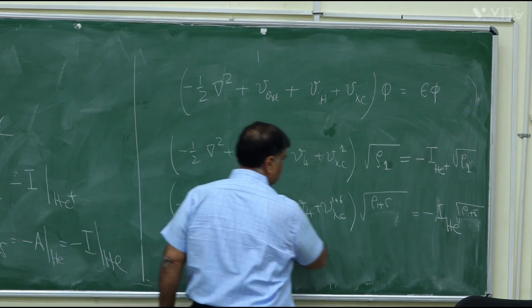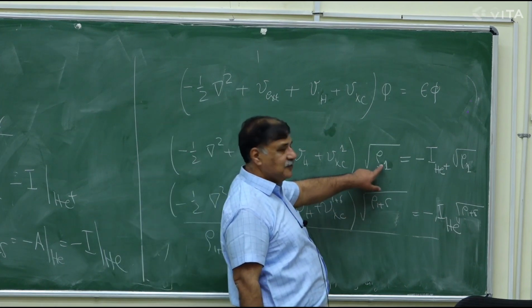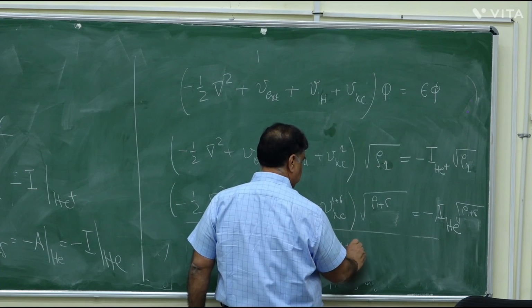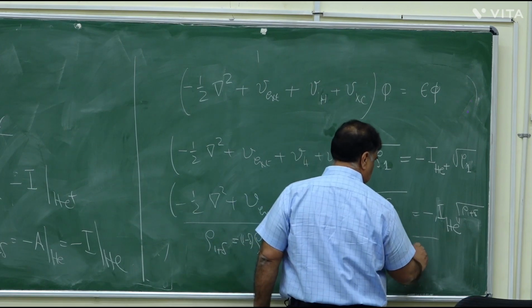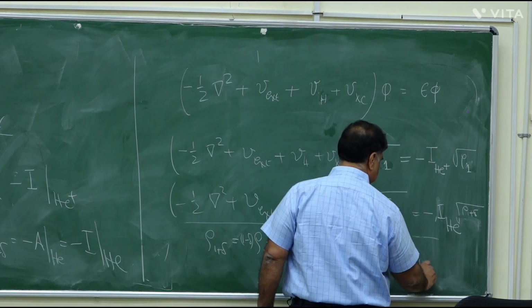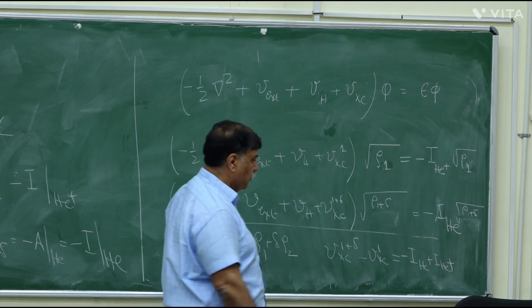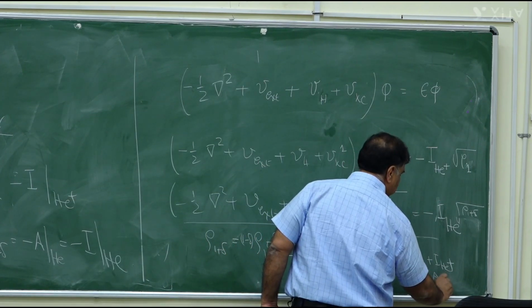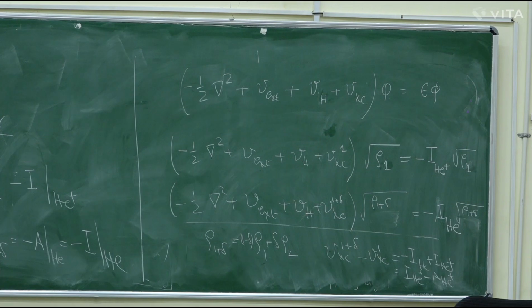Subtract. This is almost the same as this. But you get Vxc 1 plus delta minus Vxc 1 is equal to I minus I helium plus I helium plus, which is I helium plus minus A helium plus. I'll wait here for questions.